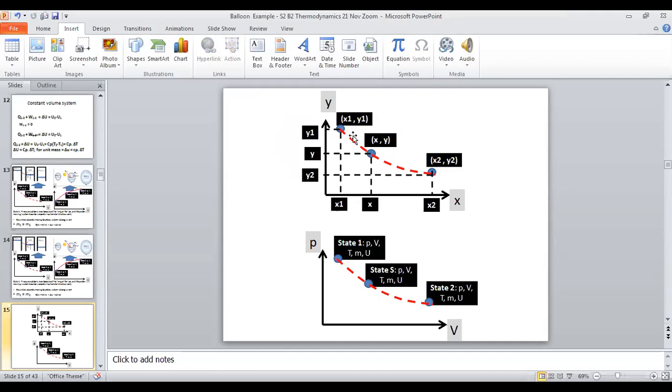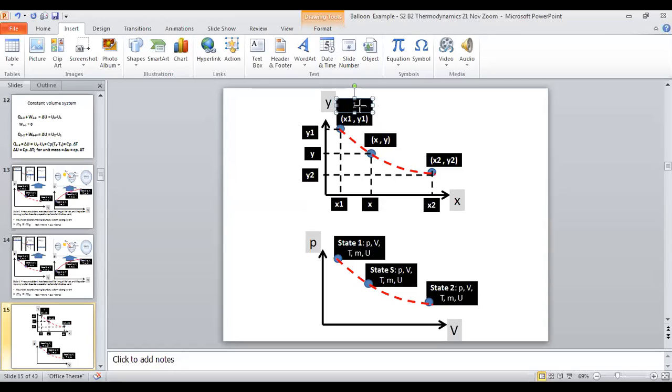So this graph is the graph of variation of y with x. Okay, and the relevance is only from 1 to 2. So this state, I will say this state is 1.